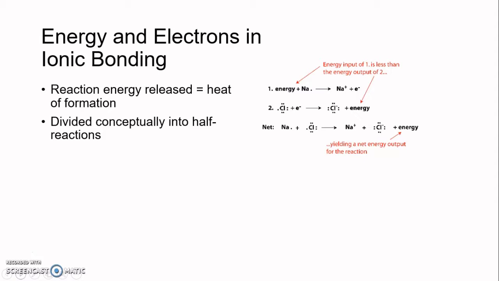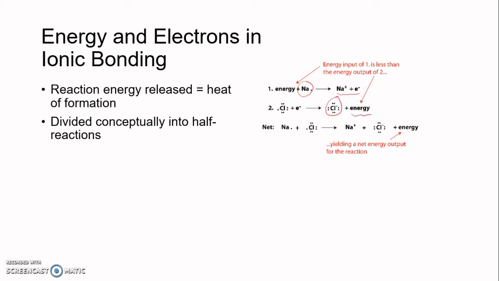So for instance, we have sodium with one extra electron. We want to lose that electron, so you add energy to it and you separate them. You get a positive sodium ion and an electron.